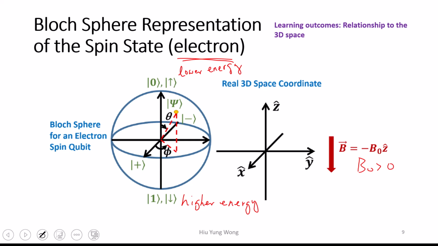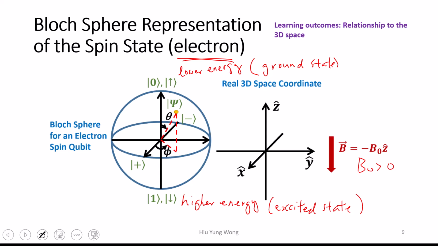Some people might swap it, but we decided to do it in this way. This is the ground state. And this is the excited state. Is this okay?